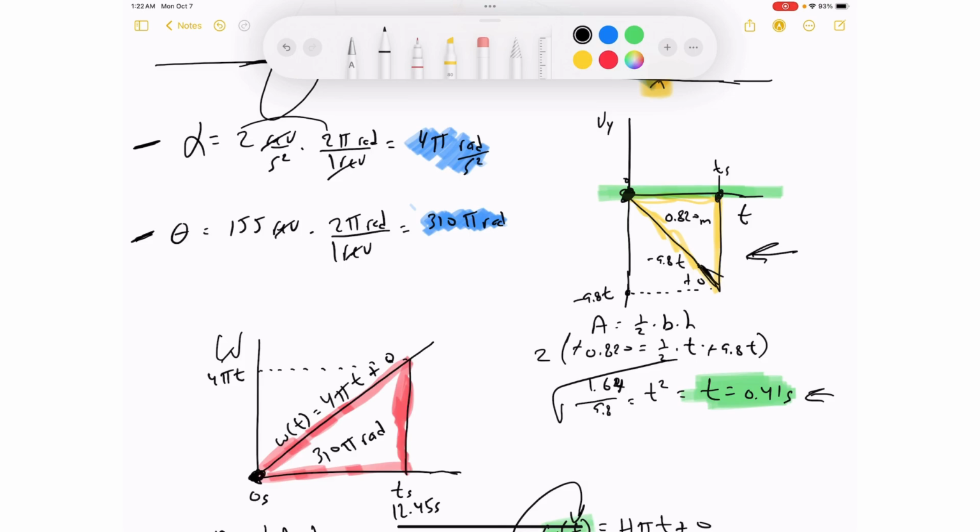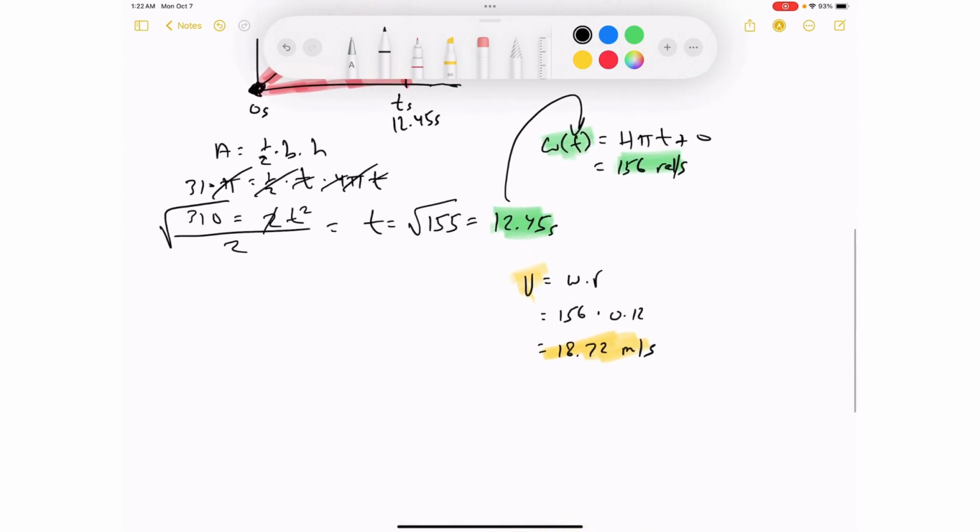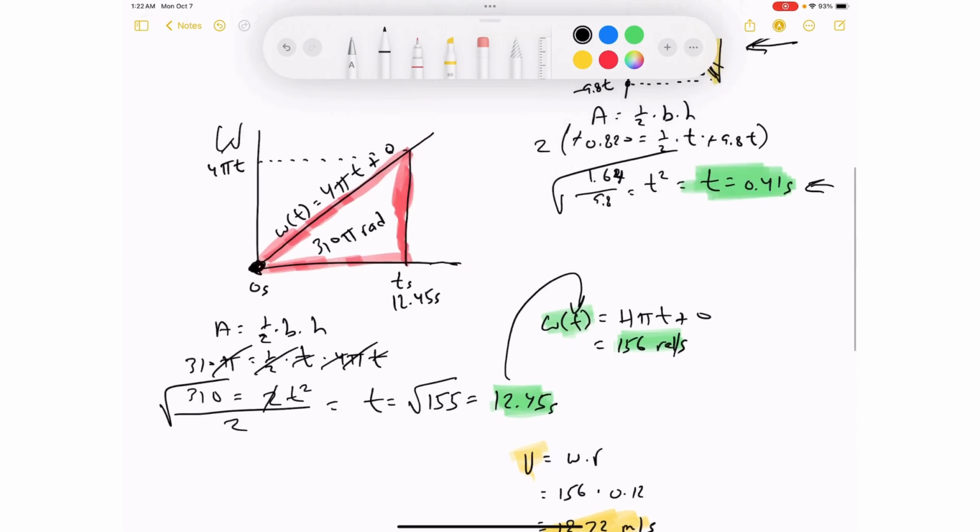So it was going 18.72 meters per second for 0.41 seconds.